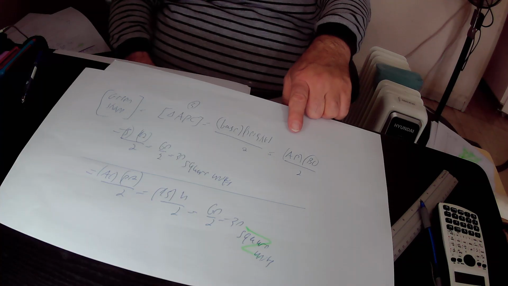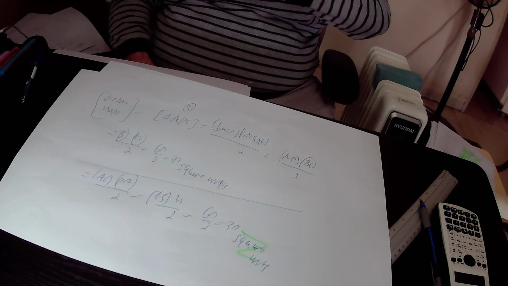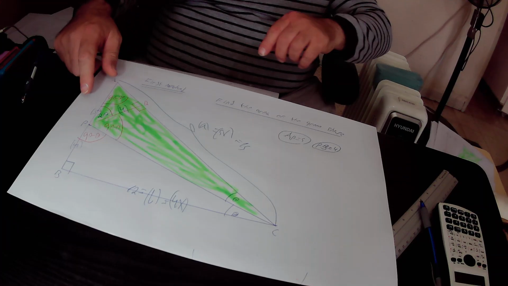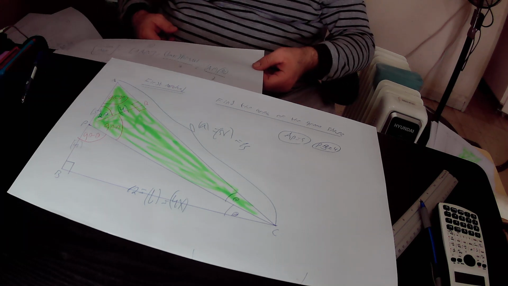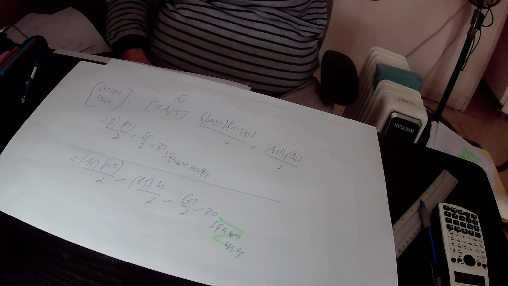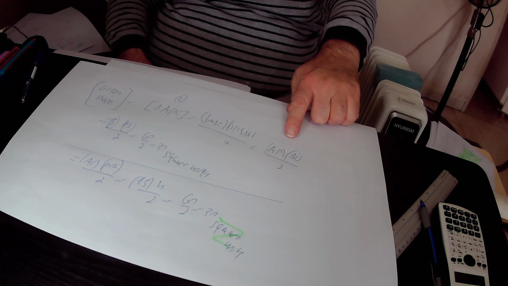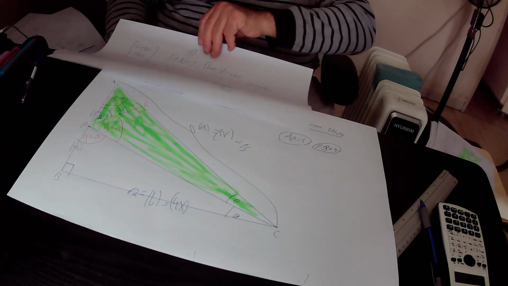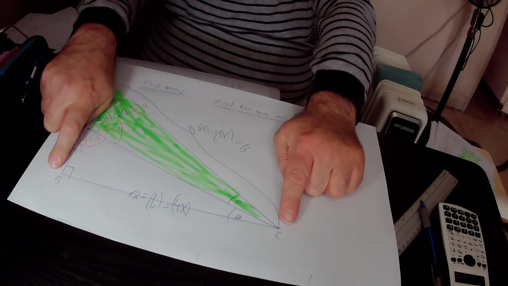The base is AP according to our choice, therefore the height must be BC. AP is 5, BC is B, and B equals 4x.